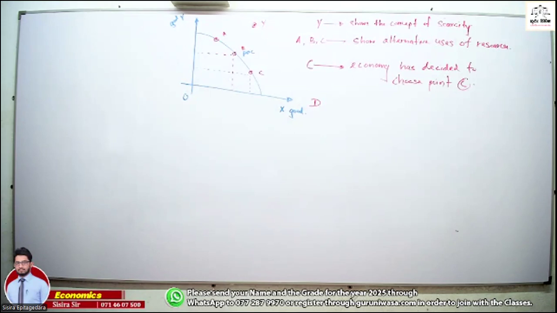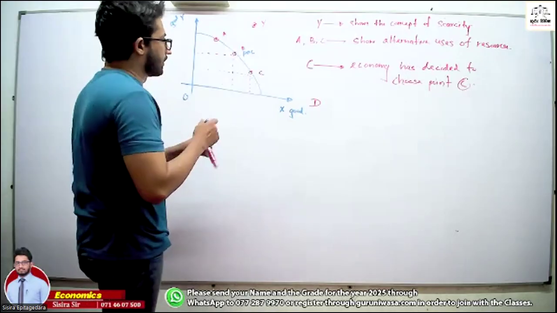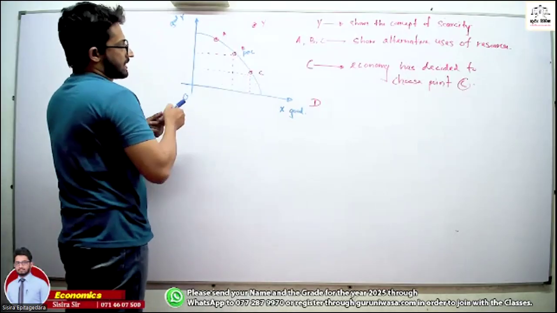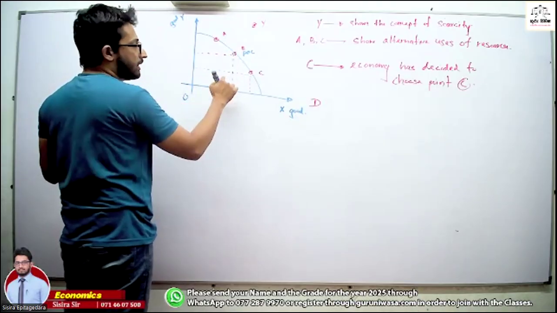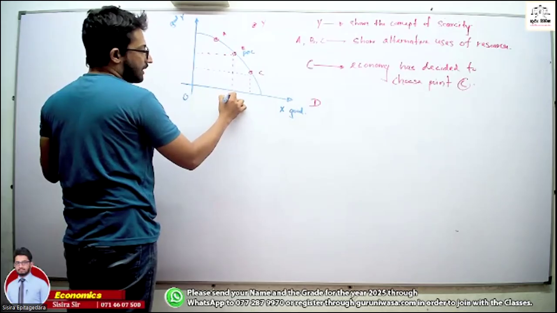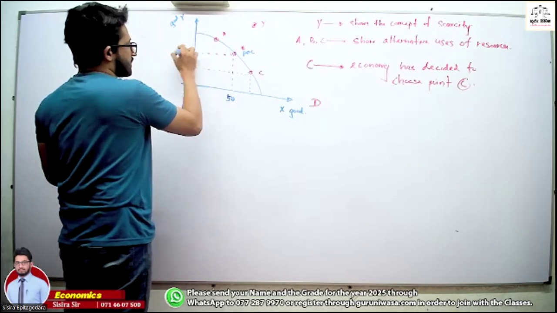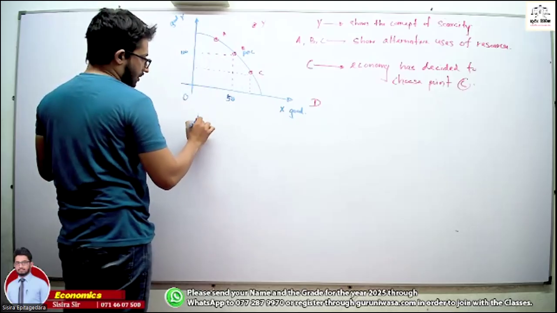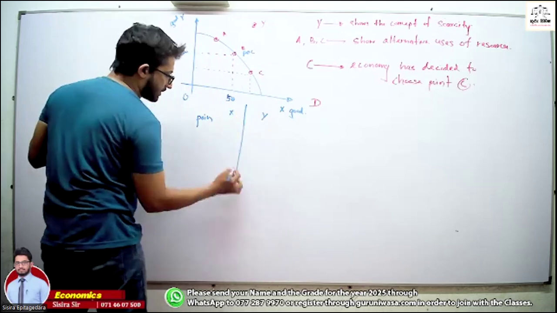Okay, now opportunity cost takes place when moving from one point to another point. Example, assume now the economy is working at point B. At B, assume X production is 50 units, Y production is 100 units. X goods, Y goods.